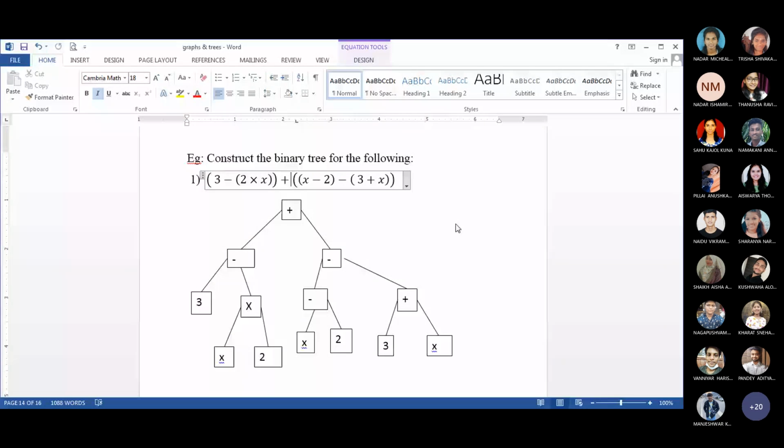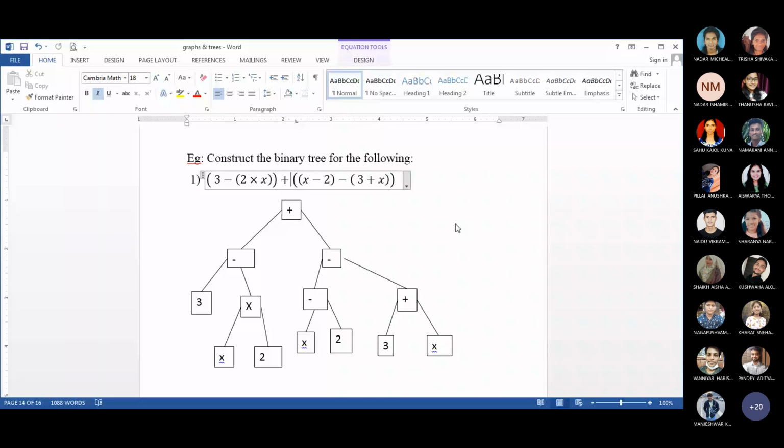So you can see this central operator plus will have one branch on its left and one branch on its right. The left branch will correspond to the expression on the left of that plus sign, and the right branch will correspond to the expression on the right of that plus sign. So how to draw the binary tree: first write the central operator, after that two branches come, left and right.